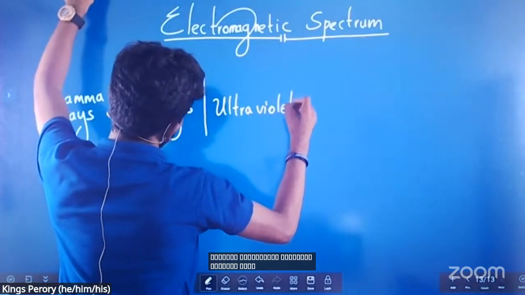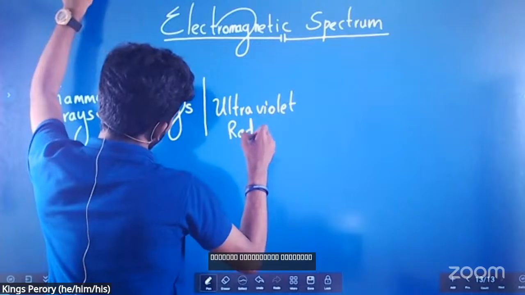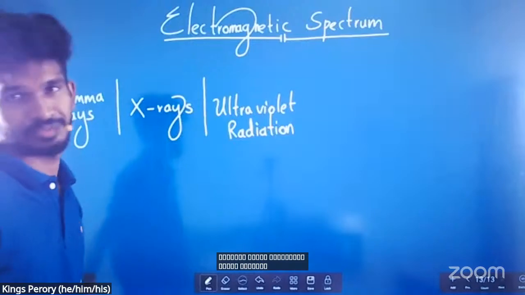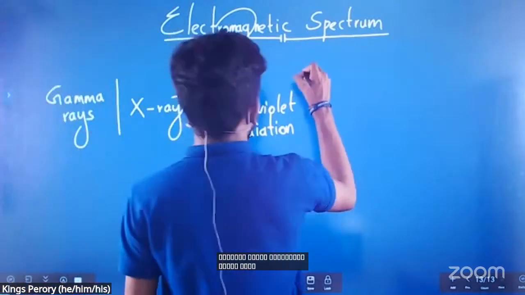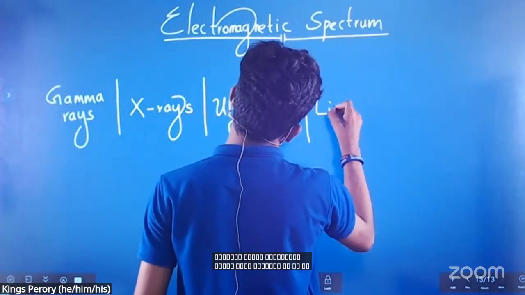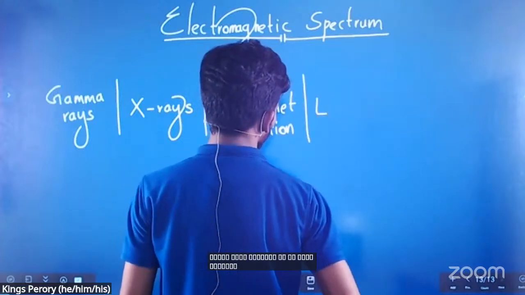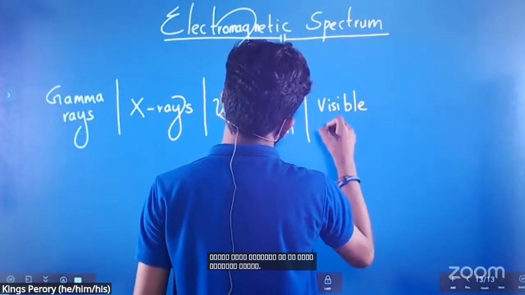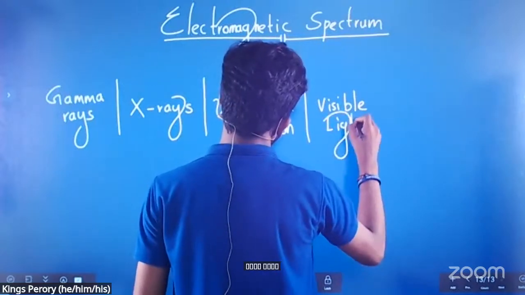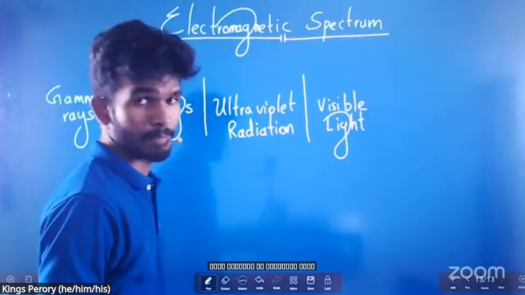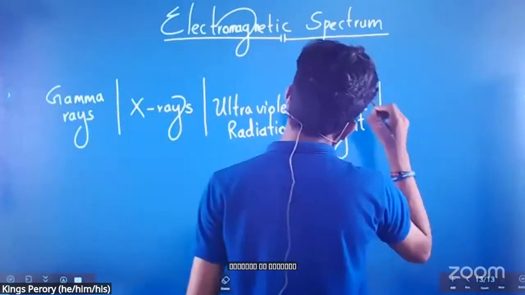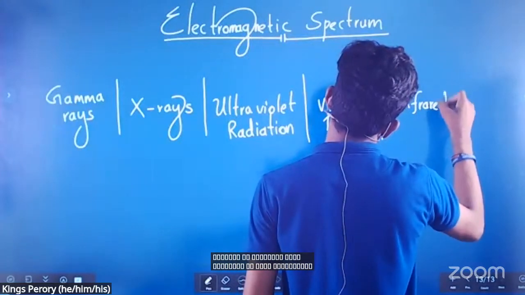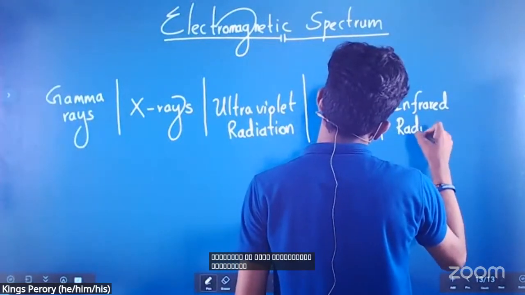ultraviolet radiation, also called UV. After UV, you have visible light. After the visible light, next you have infrared radiation.